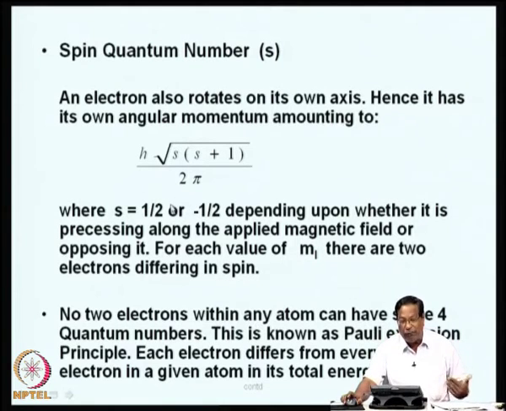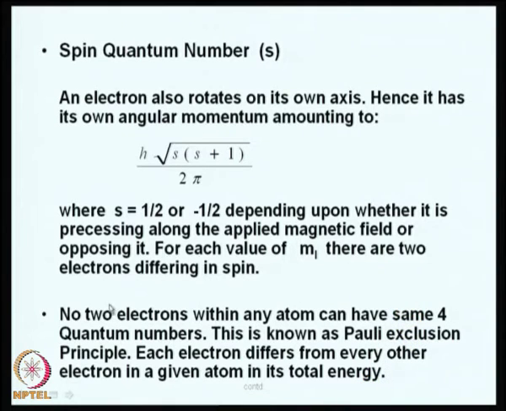For each value of ml, there are 2 electrons, differing in spin. So, what we can summarize is that no 2 electrons within any atom can have the same 4 quantum numbers. This is known as the Pauli exclusion principle. Each electron differs from every other electron in a given atom in its total energy.